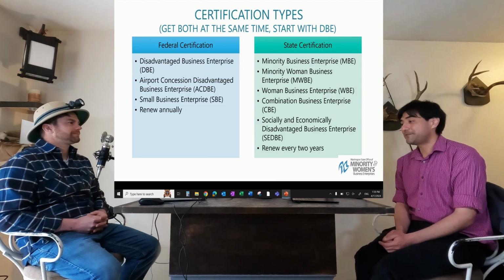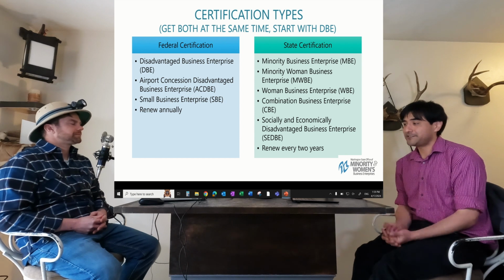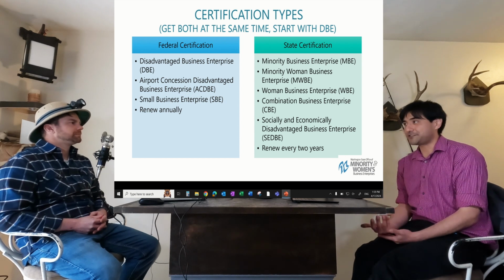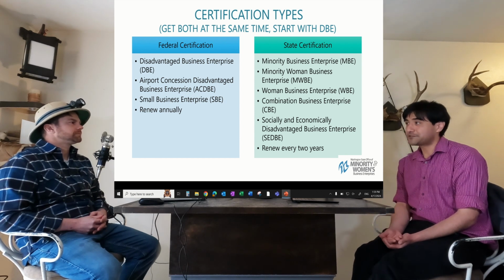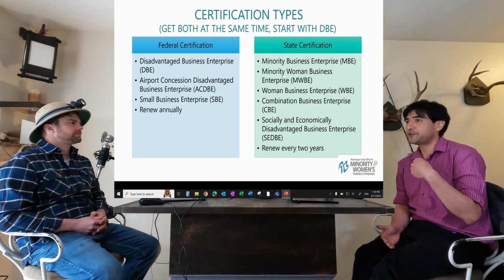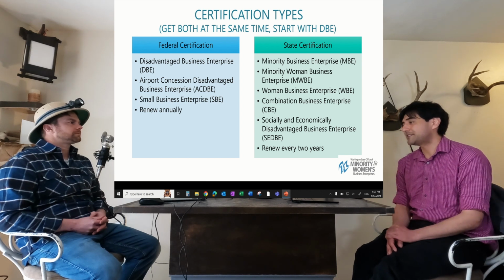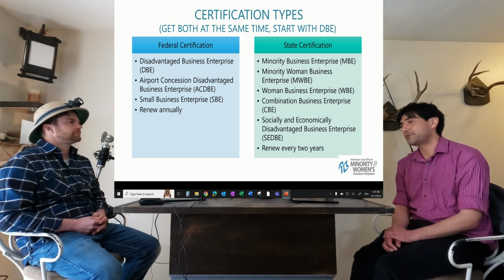And then for certifying with OMWBE, for state purchasing, you'll really want to focus on getting state certified. They also do federal certification, which is great if you want to do any federal work. However, if you're just focusing on state work for now and just want to be visible to state buyers, really any one of the state certifications will get you visible.